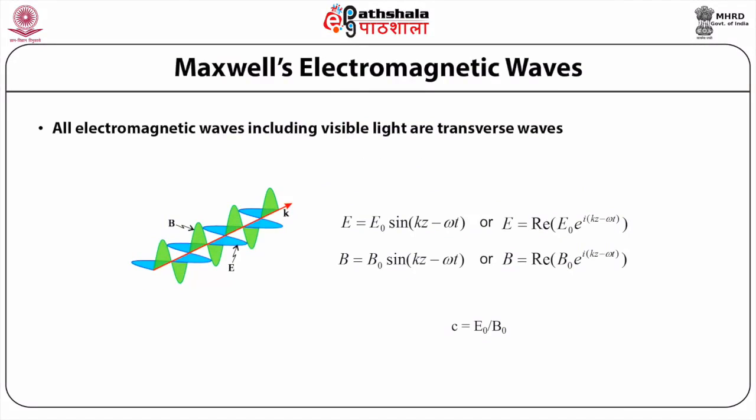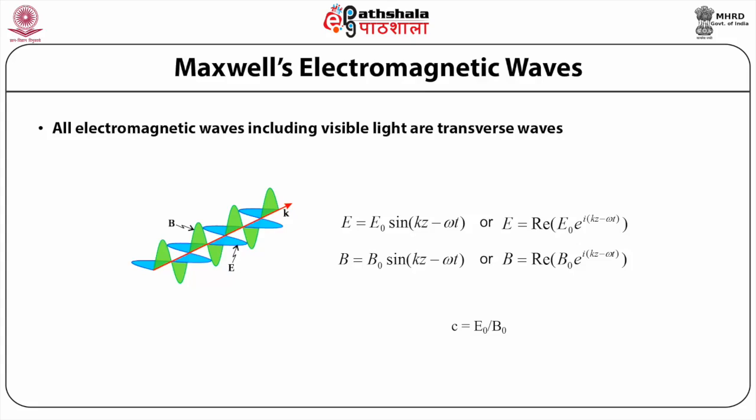Maxwell's electromagnetic waves. Electromagnetic waves, either radio waves or cosmic rays, can all be very well described by Maxwell's theory, and the visible light we know consists of transverse waves according to Maxwell's theory.